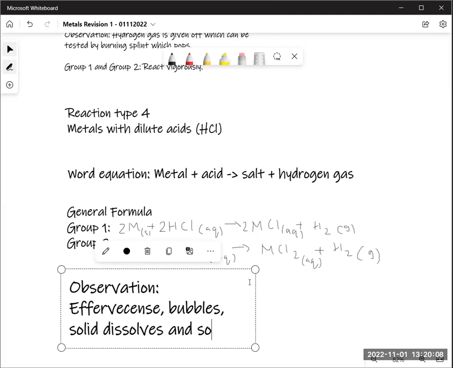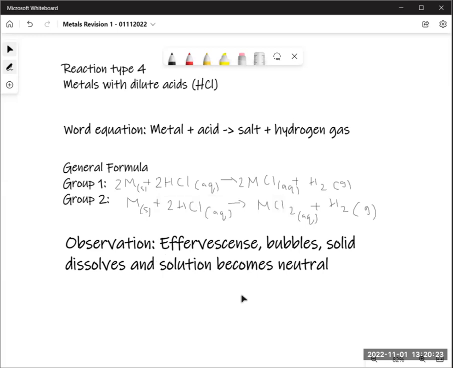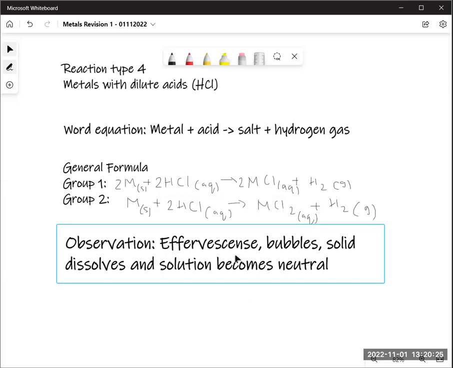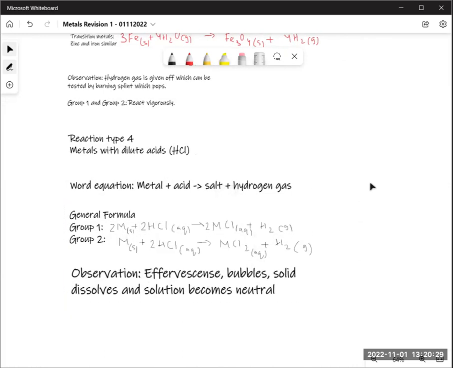Both of them have the same observations, right, sir? Yes. All right. Spelling is not correct. Now it's correct. Effervescence. That's it. So both of them have a common observation.